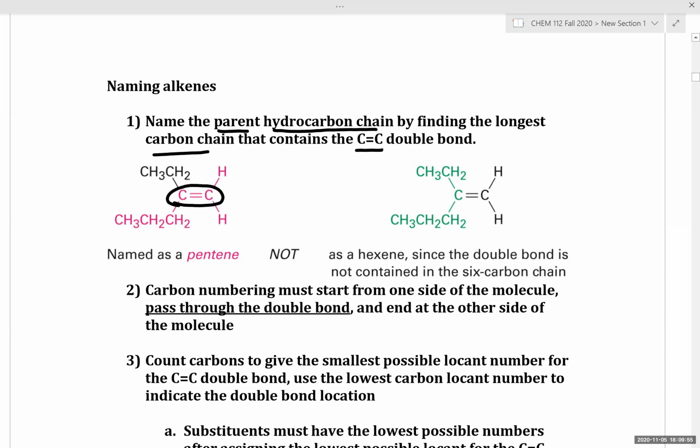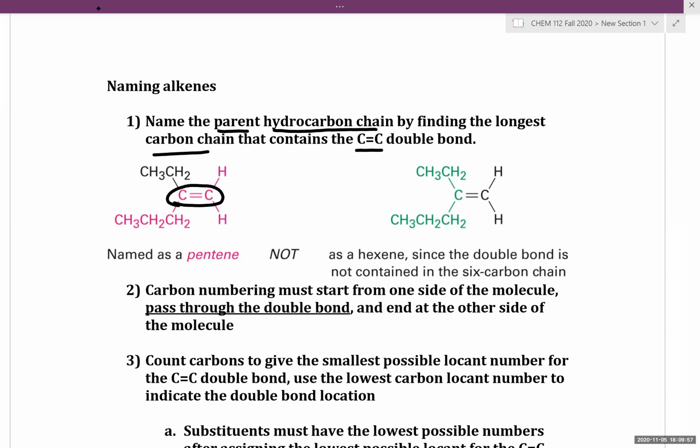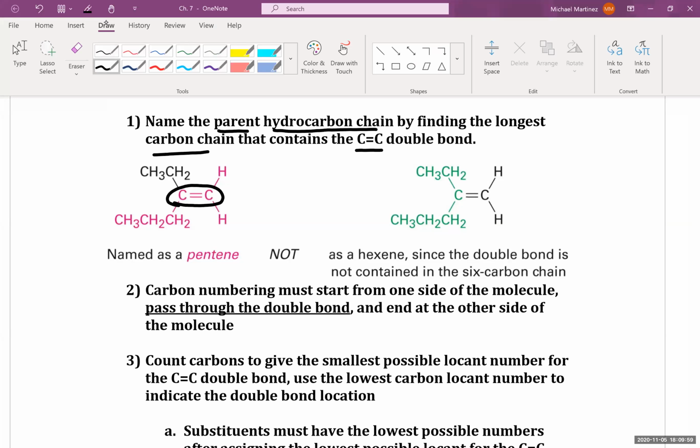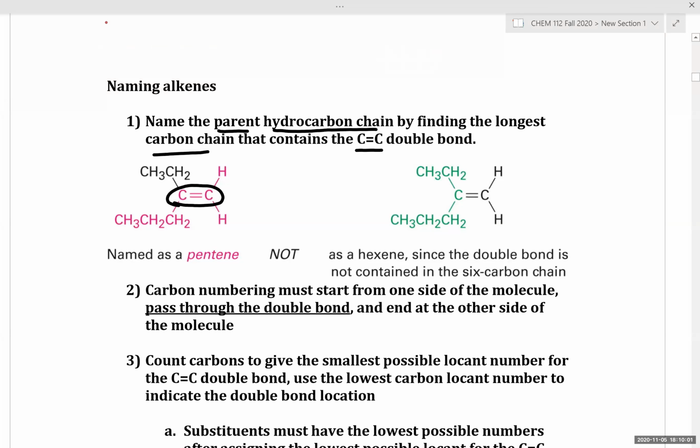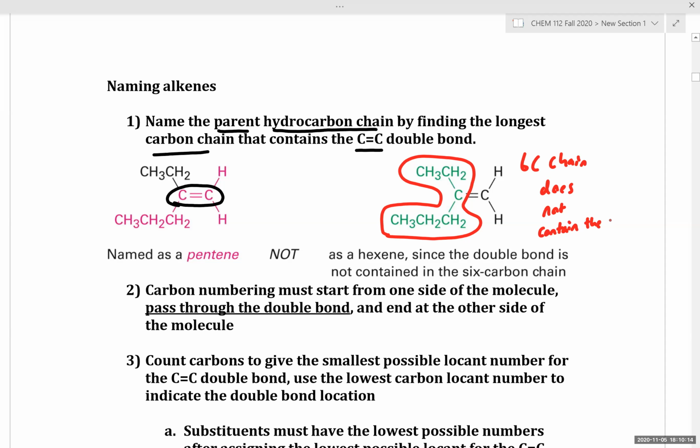In this case, if we compare these two structures, even though there is a theoretical longest chain that would have 6 carbons, the 6-carbon chain does not contain the alkene. So your parent chain is the longest chain that contains our alkene functional group.